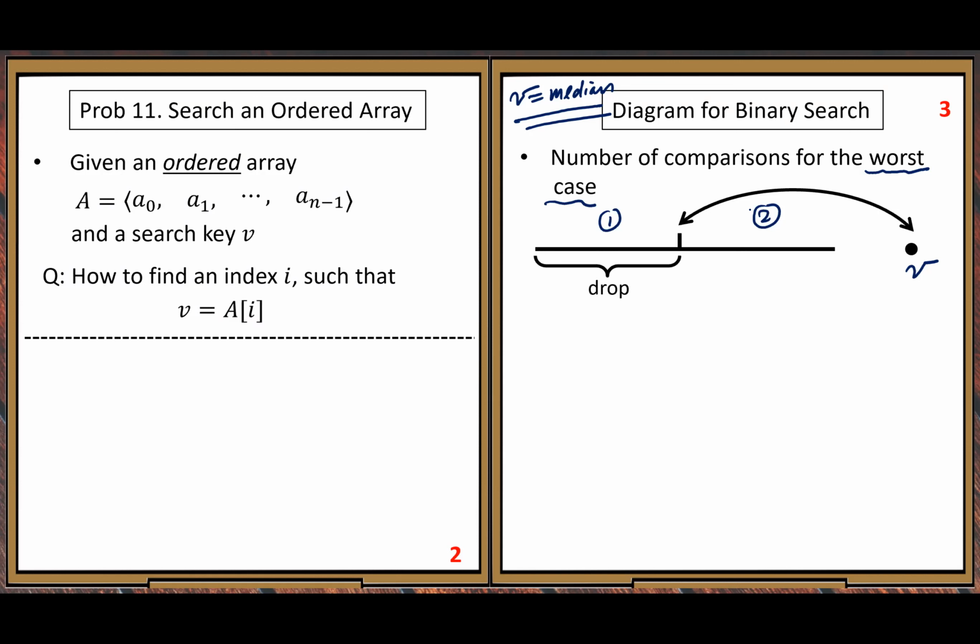After we drop the first subarray, we have data that is approximately 1/2 of the original data size. Half of the line segment. The second time, we do another comparison with the median of the current subarray.